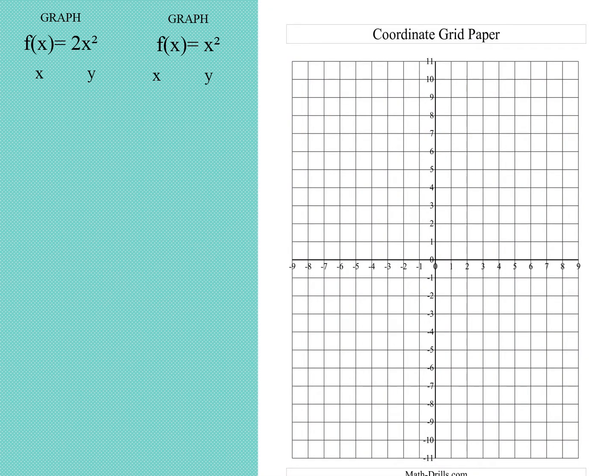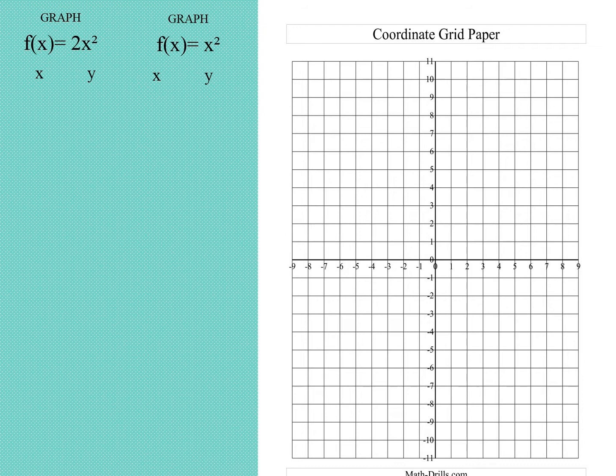Now, let's start to graph the quadratic function in the form f of x is equal to ax squared. So, we have here, graph f of x is equal to x squared, then graph f of x is equal to 2x squared. We also have a coordinate grid paper here to graph our x and y.